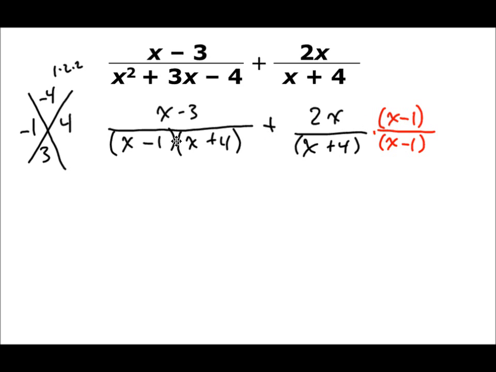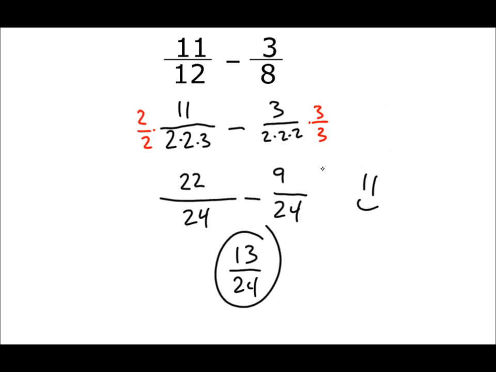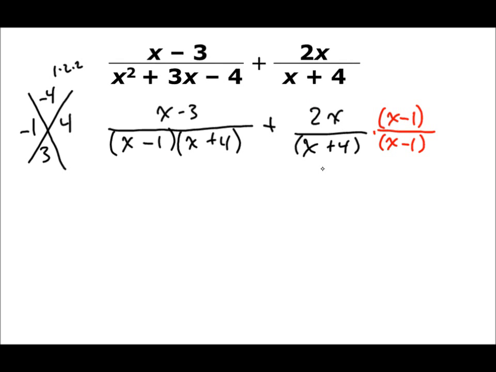So I'm adding these kinds of things. And it's like, what are these kinds of things? Well, it's a complicated name. It's not like the numerical example we were looking at, where we had, for example, 12ths and 8ths, and they became 24ths. Here we've got x squared plus 3x minus 4s and x plus 4s, and together they're going to be those. That's my common denominator.